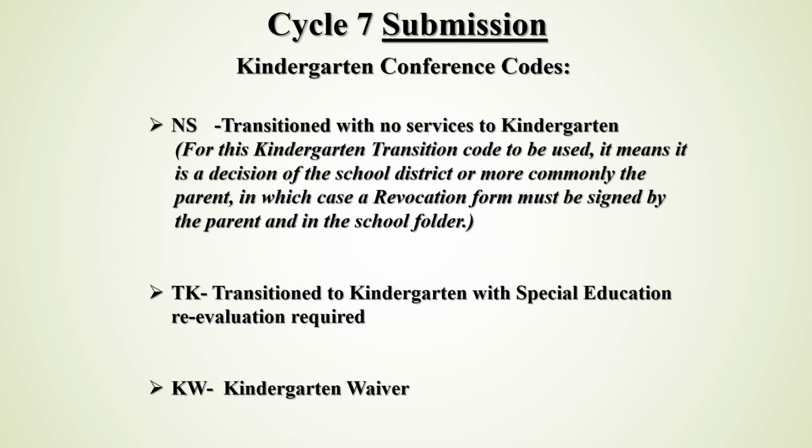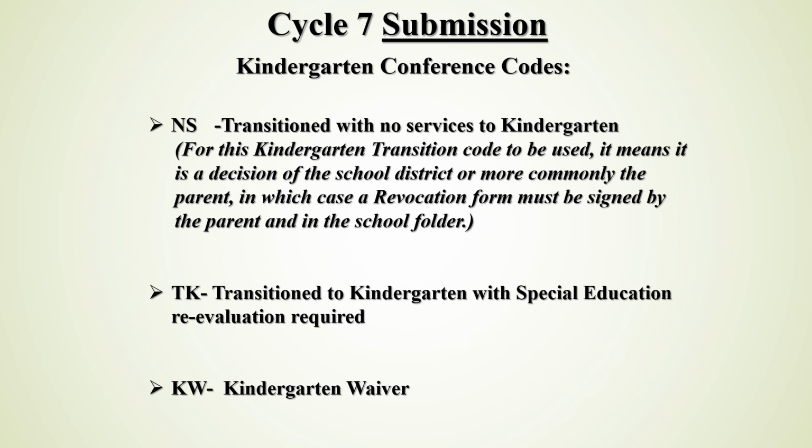A child is kindergarten eligible if they are going to kindergarten in the fall, and your recommendation is that they continue with services at the school age level. Alternatively, the parents may seek a kindergarten waiver for the child to remain at the early childhood level until their third birthday.